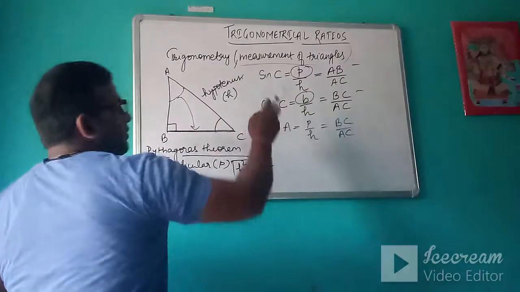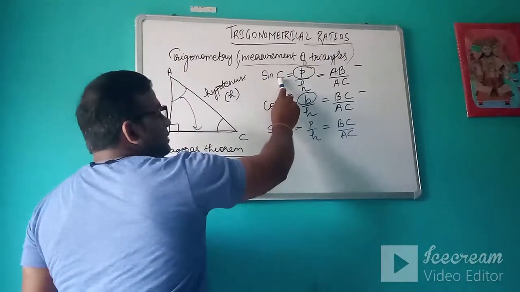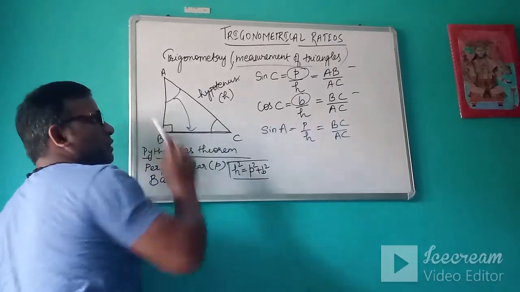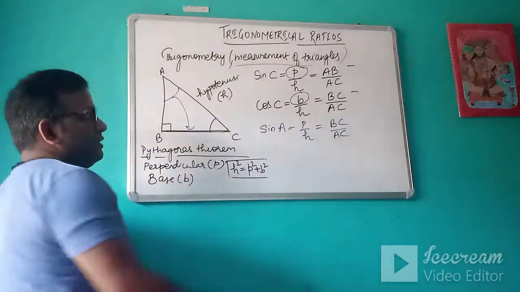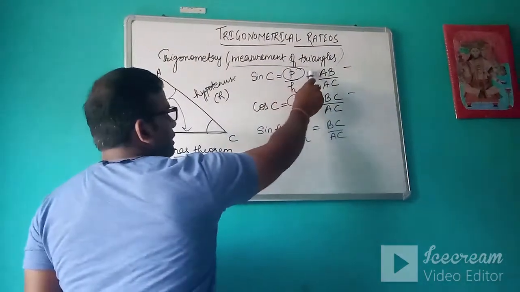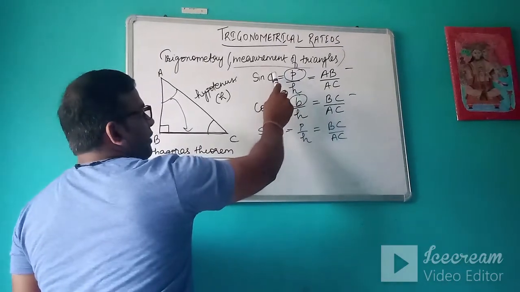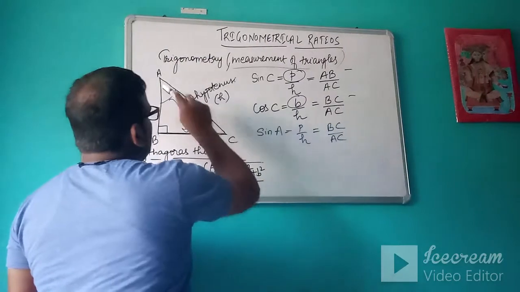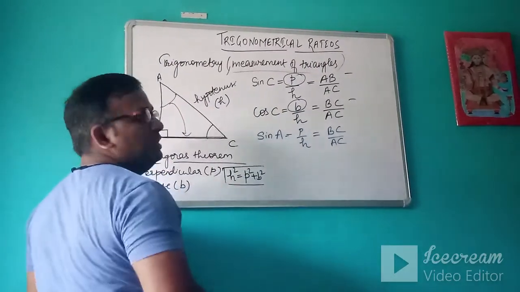Whenever you take sine, for that particular angle, the side opposite to that angle is known as perpendicular. Like in this, perpendicular has changed when you change the angle. When it was sin C, that was AB, and when it becomes sin A, it becomes BC.